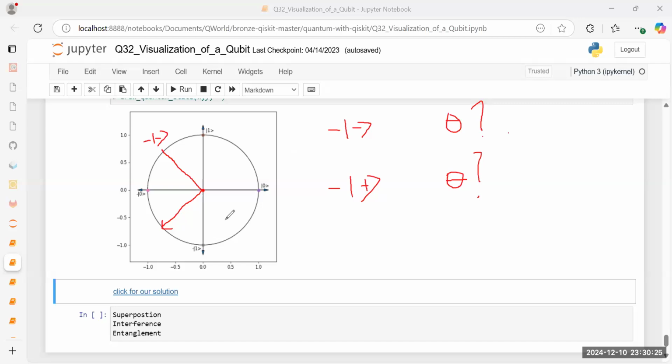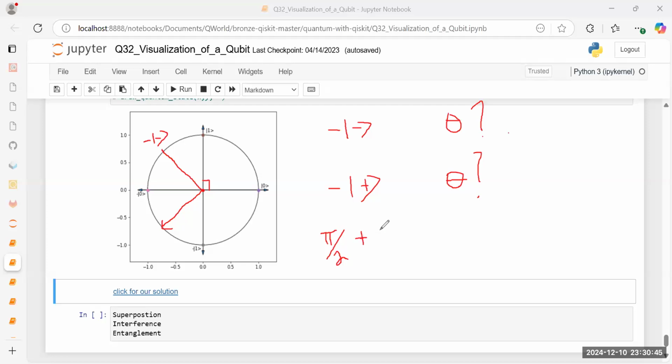Okay, so we already know that this is pi over 2. And then we have pi over 4 here.